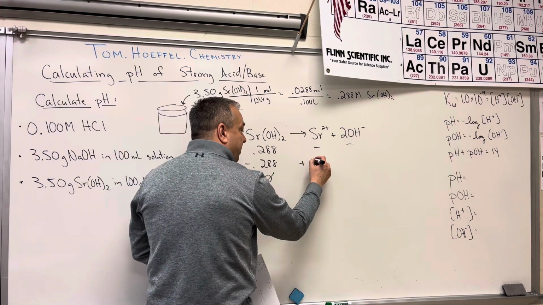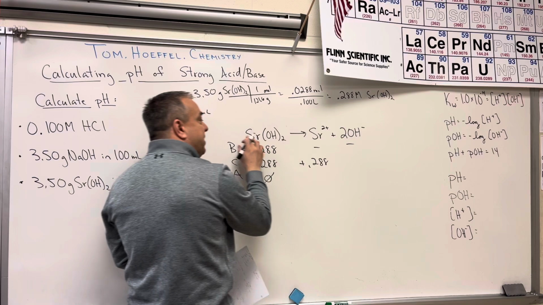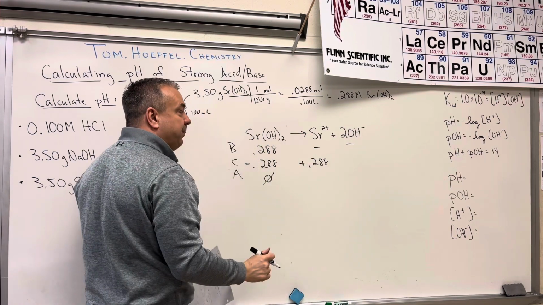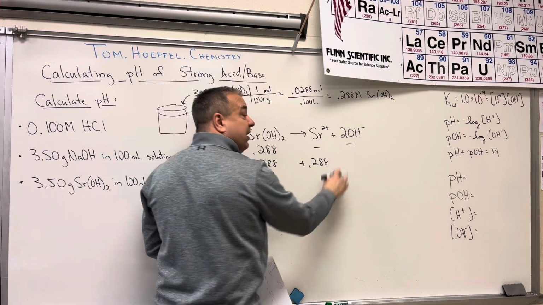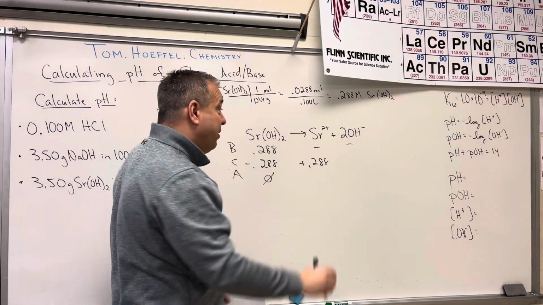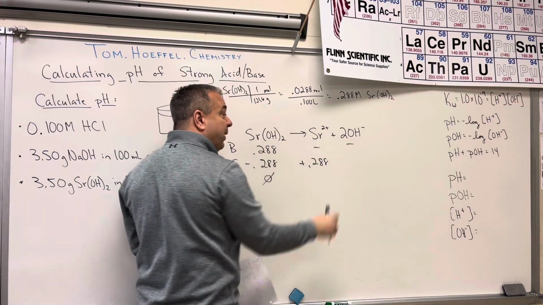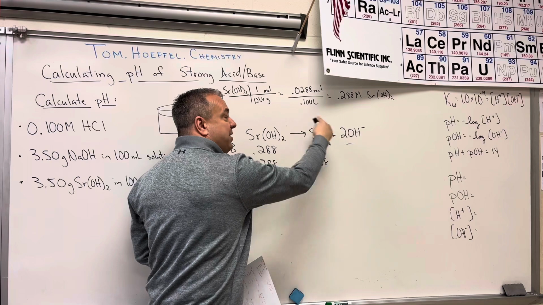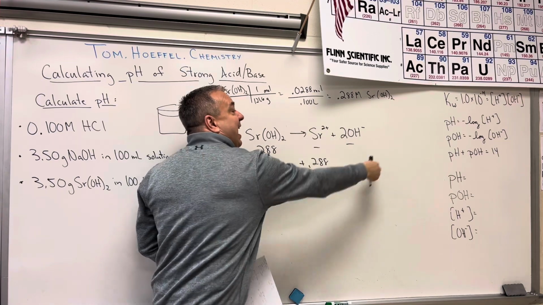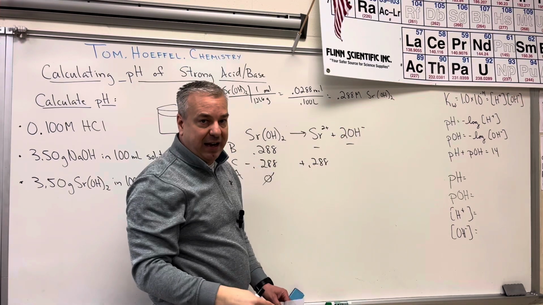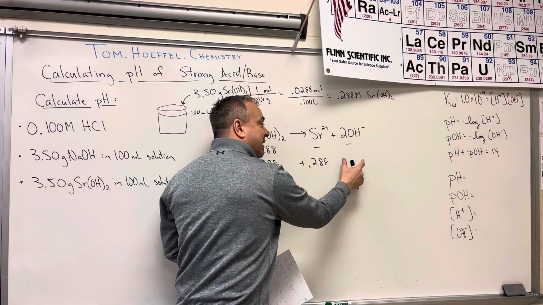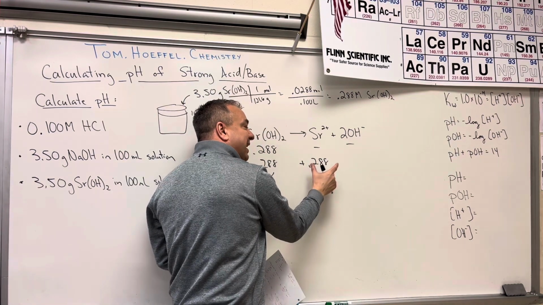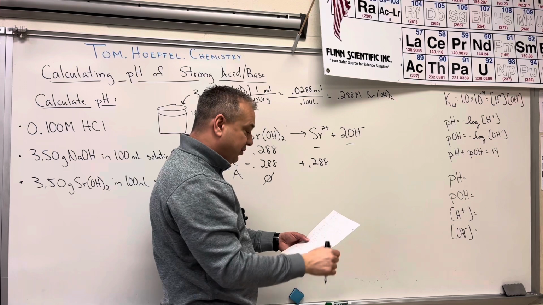And this is going to go up 0.288 because of the 1-to-1 ratio. But this is not going to go up 0.288 because it's a 1-to-2 ratio. Remember, for every 1 strontium ion that I get, I'm getting double the amount of hydroxide ions. So the hydroxide ions have to be twice as concentrated as the strontium ions.